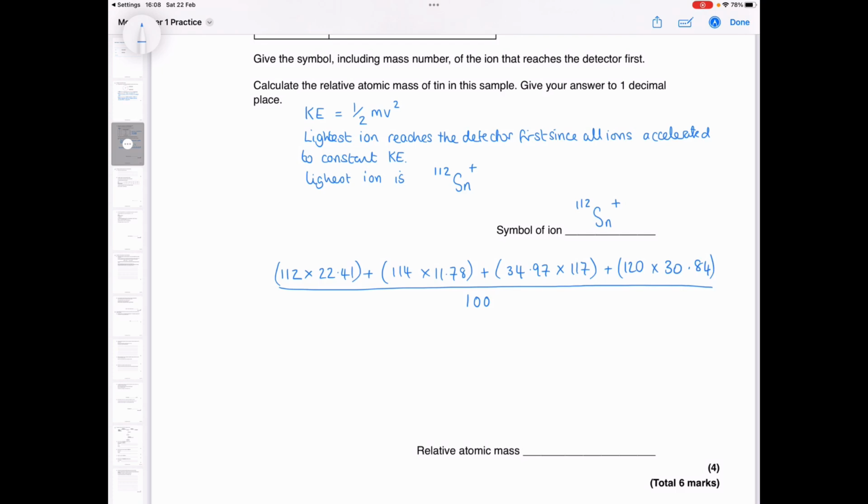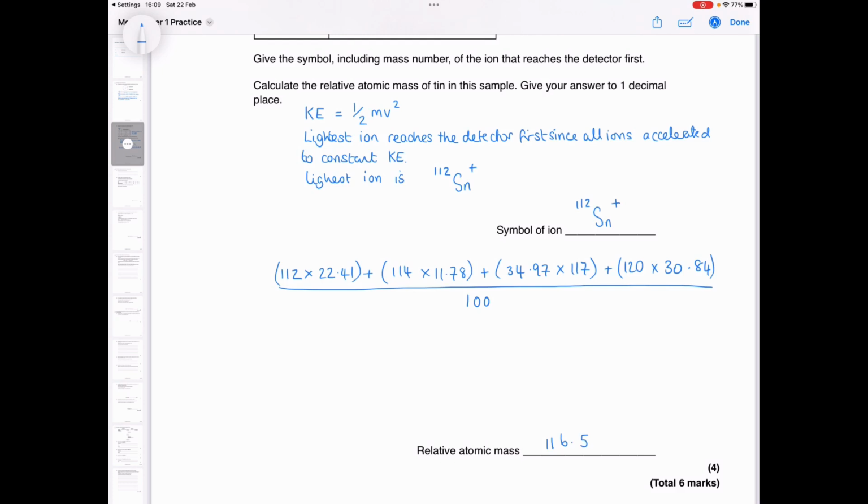So 112 times 22.41, you can work out each product separately. Or if you feel confident to type it into your calculator, type it in twice and see if you get the same answer twice. If you get two different ones, then type it in a third time. So just so that you know you're not making an error by switching a number around or putting a faulty bracket in. So if you do that correctly for this example, you get 116.5.